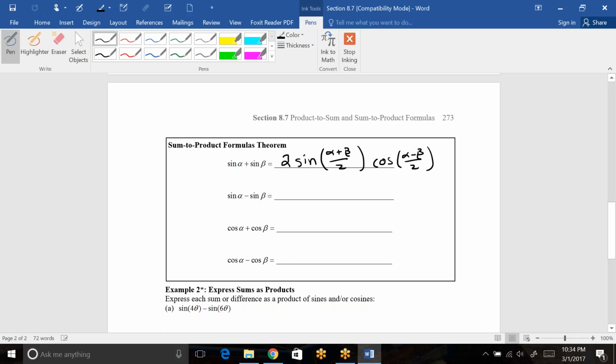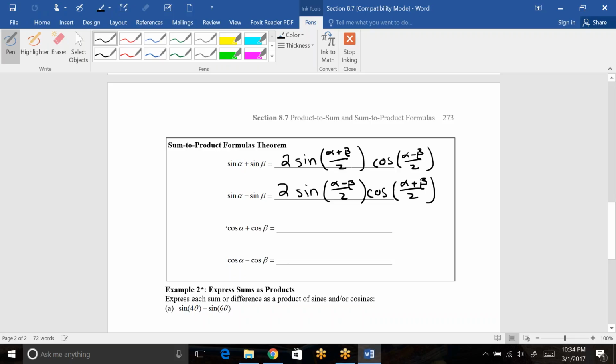Notice, even though we're not proving this, you can kind of see the double angle formula here, but because these aren't the same angle, you have some things going on inside that are showing adding and cutting in half and subtracting and cutting in half. So if you want to see the proof for these, you can look them up in the book, but it's not necessary to know. Sine of alpha minus sine of beta would look almost identical, except what would come first is the alpha minus beta, and then the second one would be the alpha plus beta over 2.